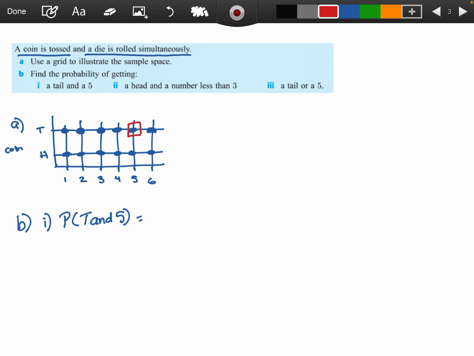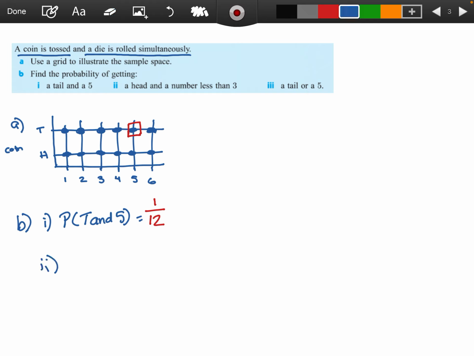And we see that there is only one outcome that matches what we want, where it gives us both tails and a 5. So that is one possible outcome out of the 12 that exist. The 12 dots represent each of the possible outcomes. There are 12 of them. One matches the specific criteria we were looking for, which is tails and a 5.